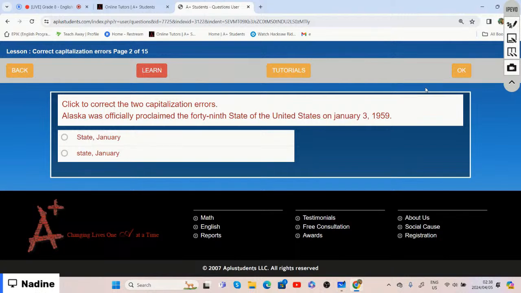Is it the first one, that state and January need to be in lower case, or state and January?